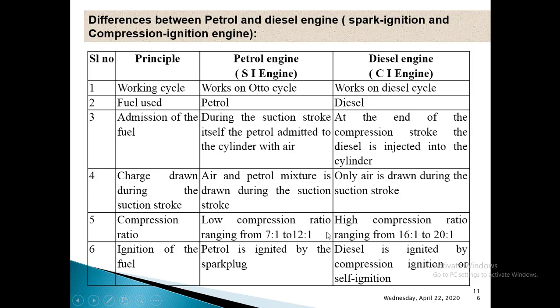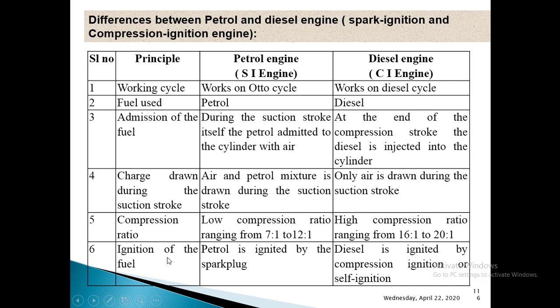Because of this difference in compression ratio, as you can see in the next slide, we will have many differences between petrol engine and diesel engine. There will be some advantages in the diesel engine because of this high compression ratio, which we will explain.